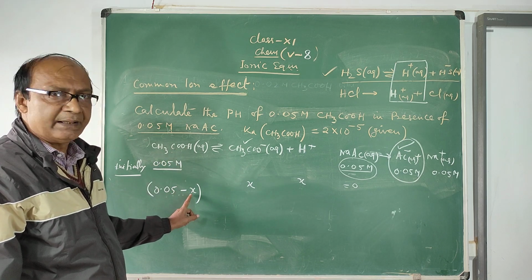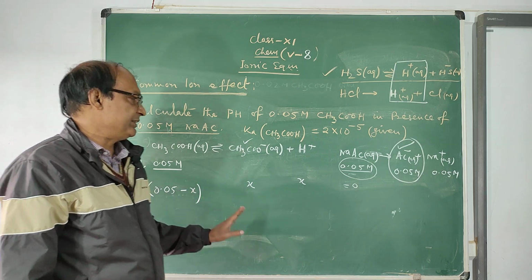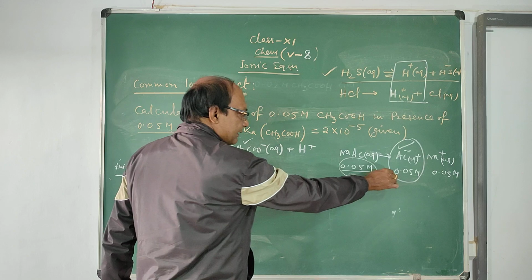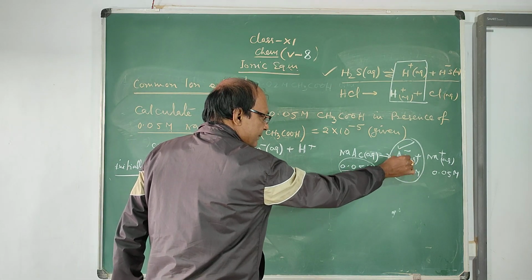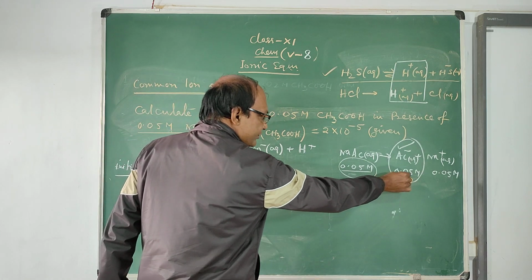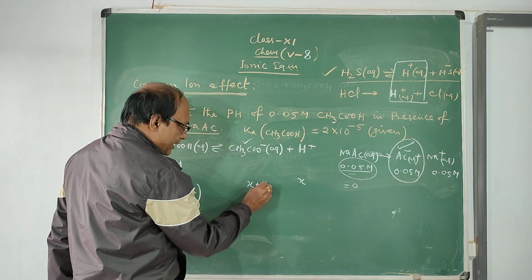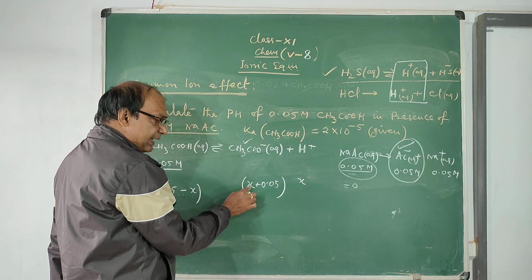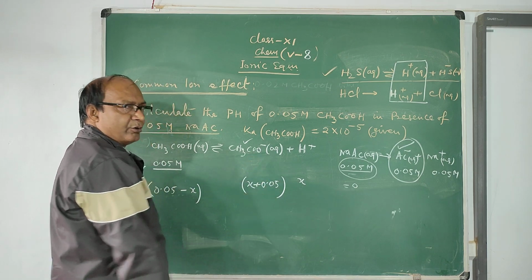0.05 minus X. Now the question is that this acetate ion is also present in the solution. What is the concentration of acetate ion that is coming from the strong electrolyte? 0.05. So add in 0.05, because the concentration of acetate ion is X plus 0.05.